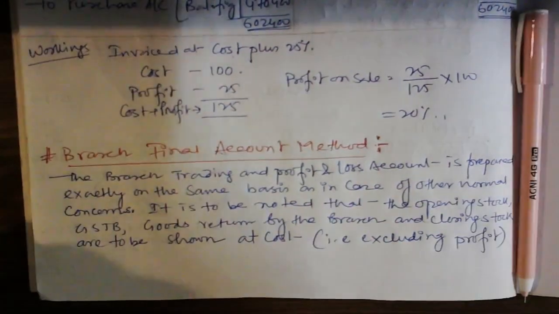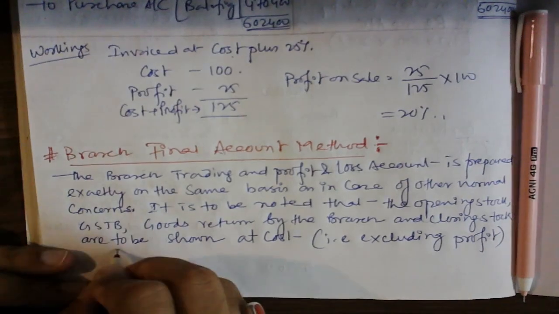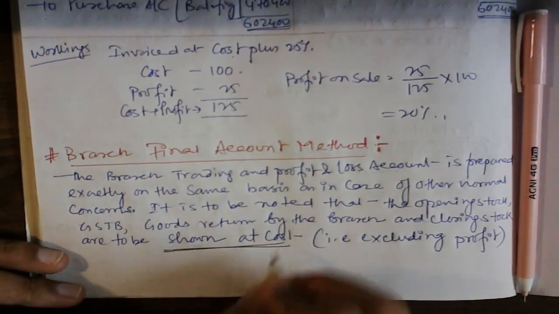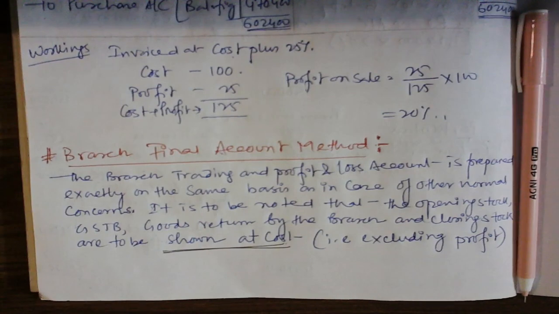See, this is a very important line. Everyone please copy and note it with me. When we prepared the books of accounts under the debtors system, we learned how to prepare the books in terms of invoice price and also cost. Here we are going to learn also how to prepare the books of accounts under the final account method, and just try to understand we need to show at cost.